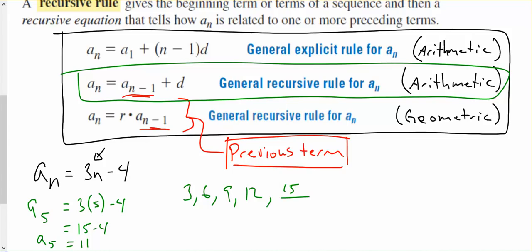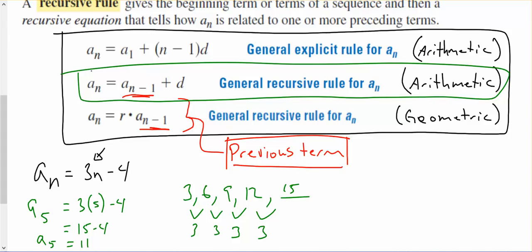And in your head, what you did was you said from 3 to 6 we added 3, and 6 to 9 we added 3, and 9 to 12 we added 3, and so what do we need to do to get to our next term? We add 3.